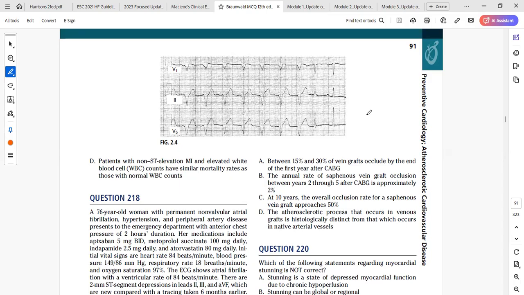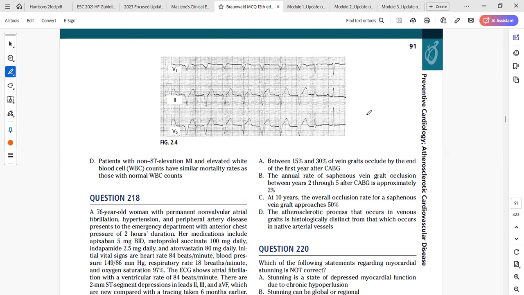Now, to narrow it down, you need the rate to distinguish whether it's a ventricular escape rhythm, an accelerated idioventricular rhythm, or a ventricular tachycardia.